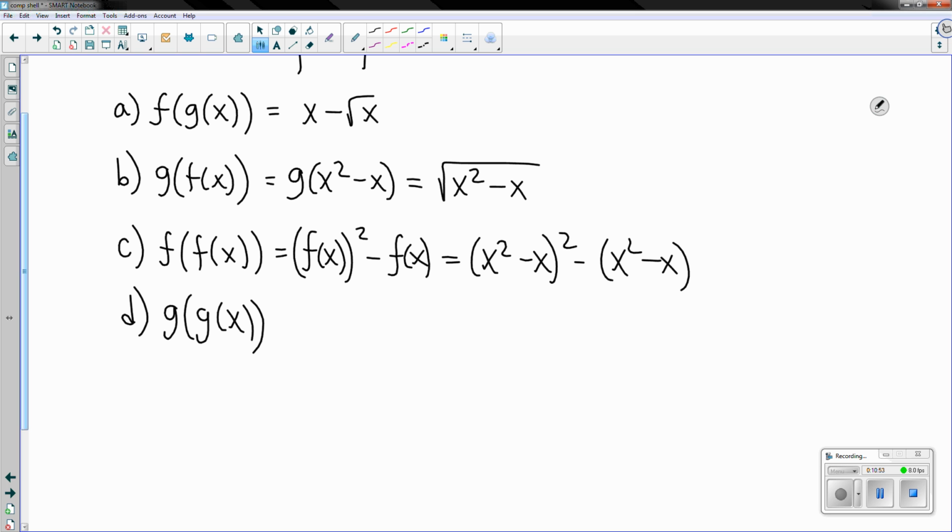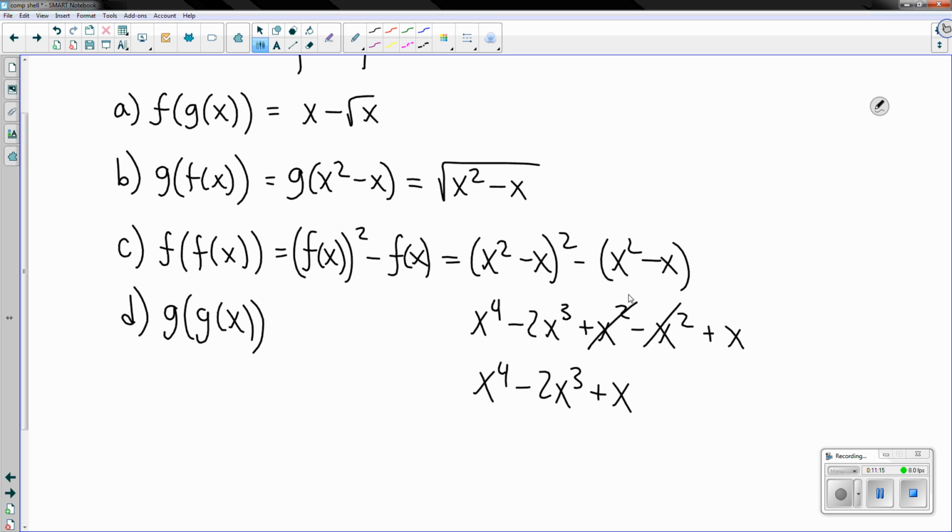So expanding that out, we're going to get x to the fourth minus 2x cubed plus x squared minus x squared plus x. The x squareds cancel out, and our final result, a single polynomial with combined like terms, is the result of composing f into itself. So f of f of x is this polynomial.